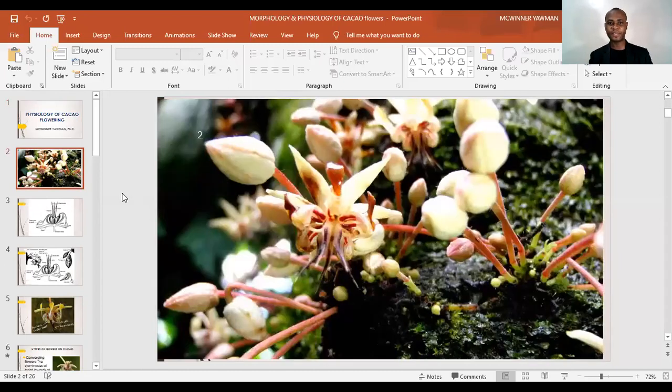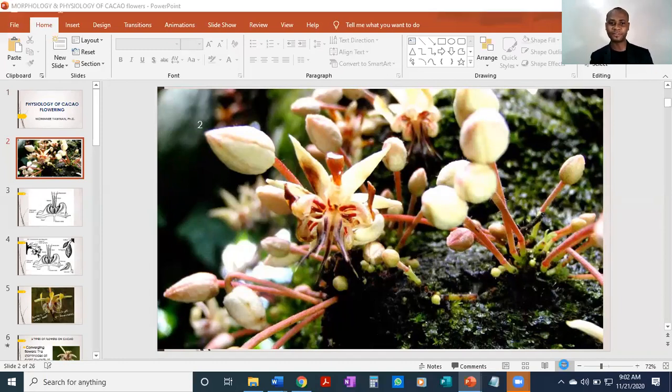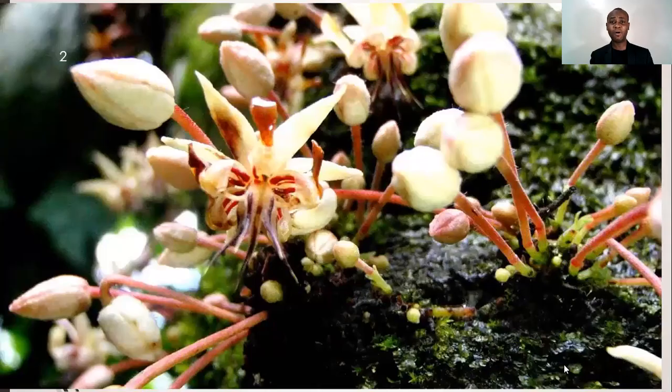Okay, so let's begin. So this is just some flowers. One thing that is common on most cacao farms is that most cacao trees are able to produce so many flowers.